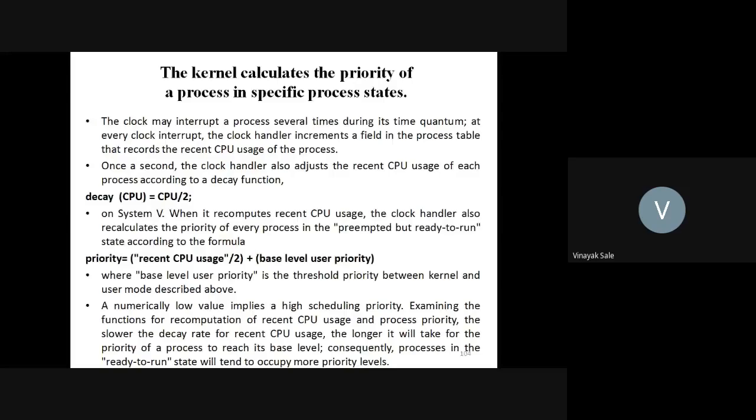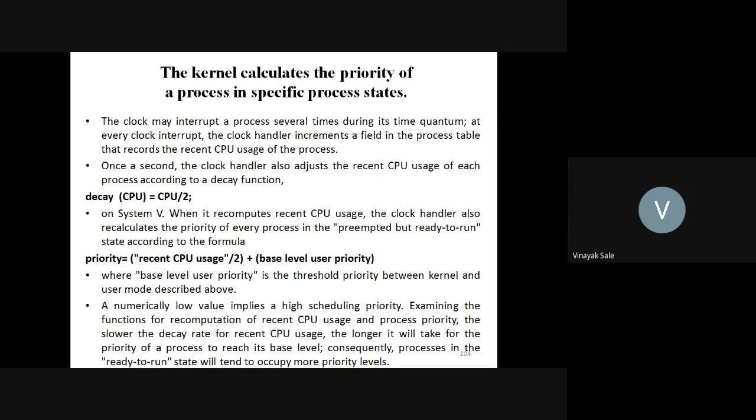Once a second, the clock handler also adjusts the recent CPU usage of each process according to a decay function. So decay(CPU) = CPU / 2 on System V when it recomputes recent CPU usage.